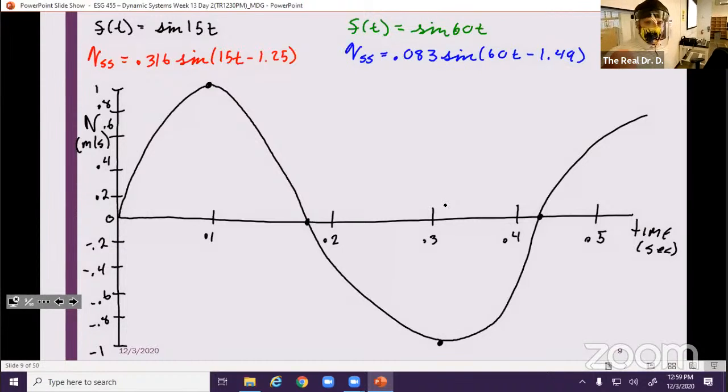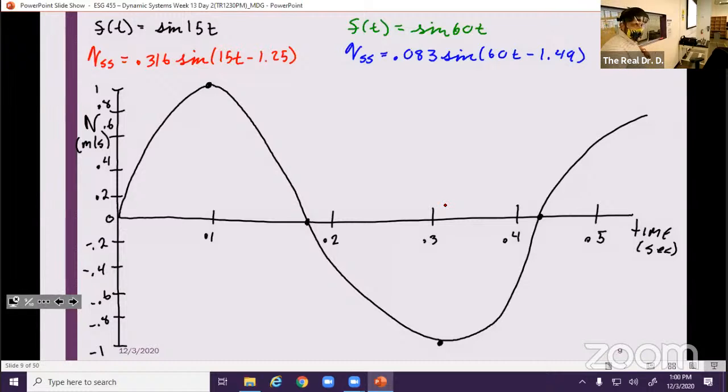What about the red line, right? The steady state velocity at 15 radians per second. All right, so if we plug in 0 for t, because we want to know where this starts, what do we end up with?